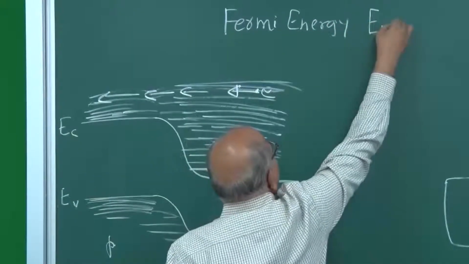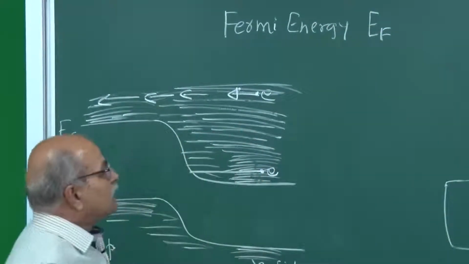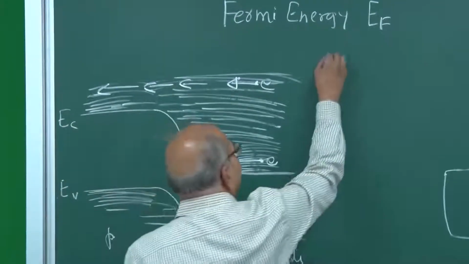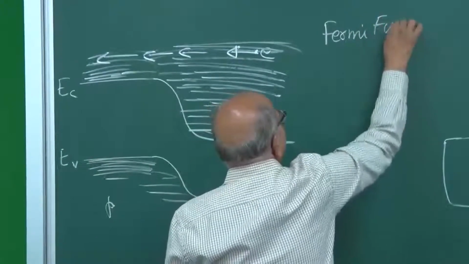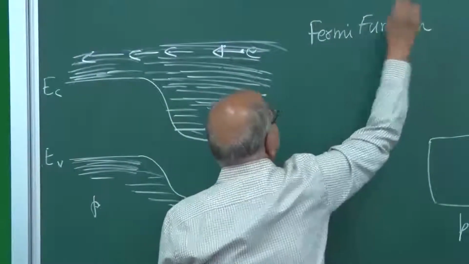Written as EF. So I'll write a function which is known as the Fermi function, and then I'll tell why I am writing this and what its significance is.